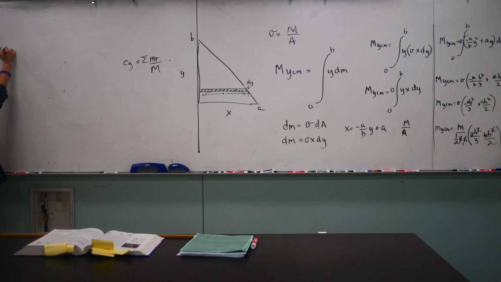Okay, what else? Negative b over 3 plus b over 2? It should be 2M on those. 2M here? Yeah, because it's M divided by one half, which is 2. Okay, and then this was y center of mass times M. Yeah, equals that, so my M's will go.